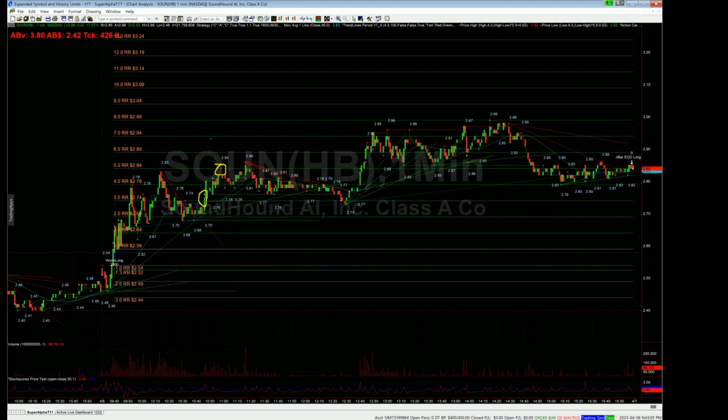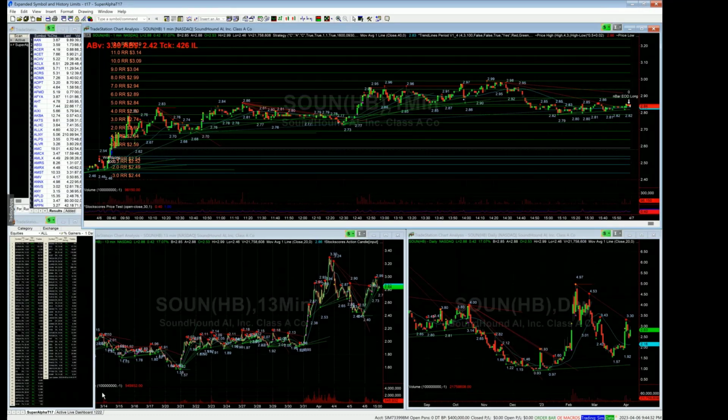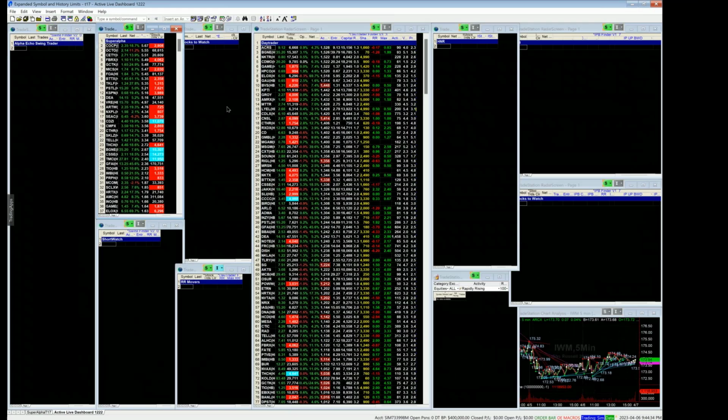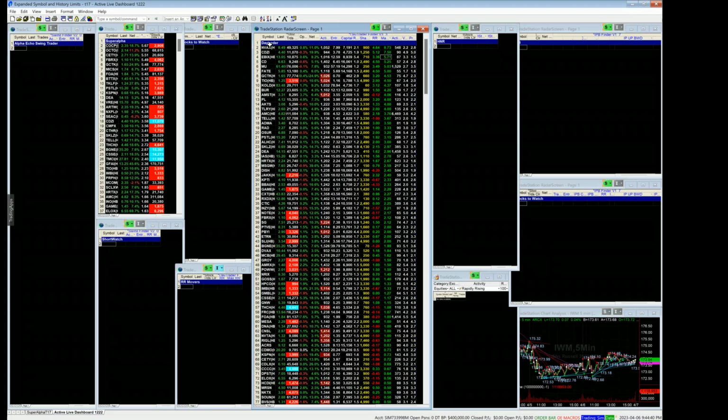All right, so that's a little bit about Tradestation's charts. Now, Tradestation has another cool tool called radar screens. It kind of looks like an Excel spreadsheet, but this is where we can do analysis on the price data of a stock. So what I've done is I've created strategies.